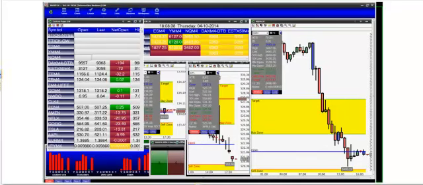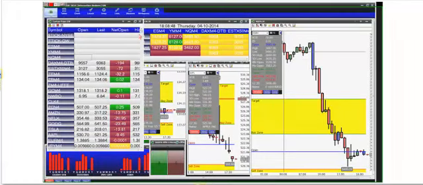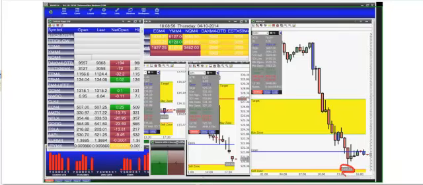This is the software that I trade off of and look at to make my analysis. Let's find the NASDAQ here, and let's find the low. Everybody see this low here at 3470? Everybody see that low?